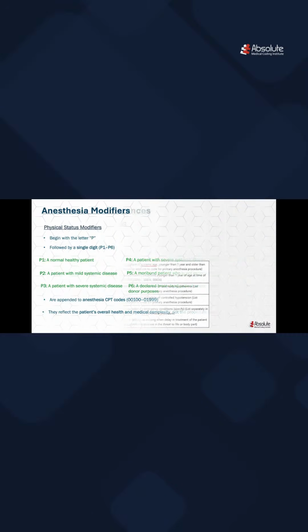Now let's turn our attention to the qualifying circumstances. So these are special add-on codes that we use when anesthesia is made more complex due to unusual or high-risk conditions. So qualifying circumstances describe the situation that increases the difficulty, risk, and intensity of the anesthesia care.